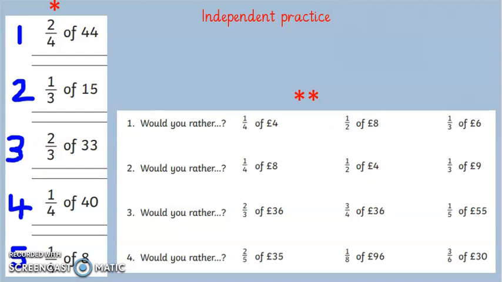And remember that instead of using counters on the table, we're going to try and draw our own counters. So if you'd like to pause the video there, you can do some independent practice, some practice together with the people at home, or some practice completely independently. And please do take a photo of your work and send it across to me.